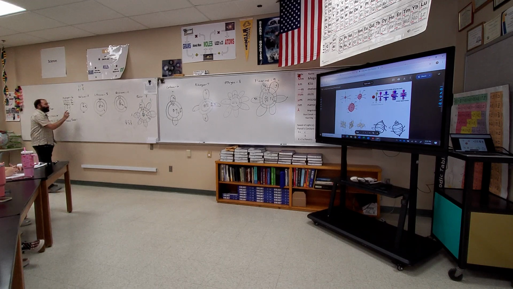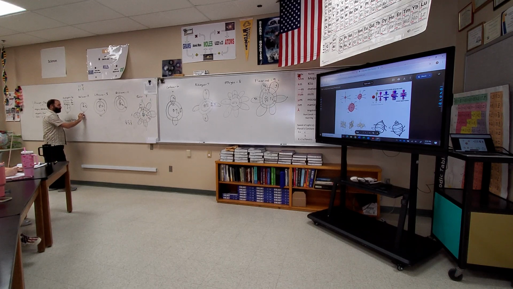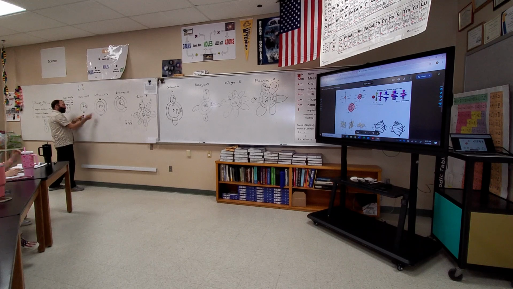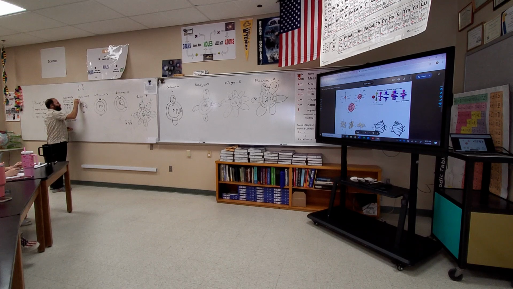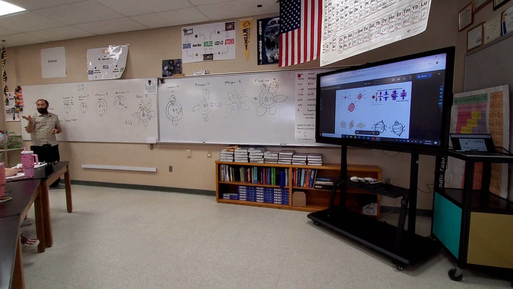Let's look at this. Helium, we filled. So now we're looking at right before we started filling, when we were actually full. Helium and then neon. Helium was in the 1s. Neon, 2s and 2p, right?